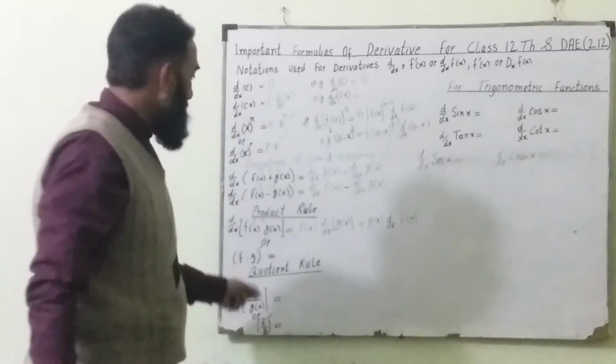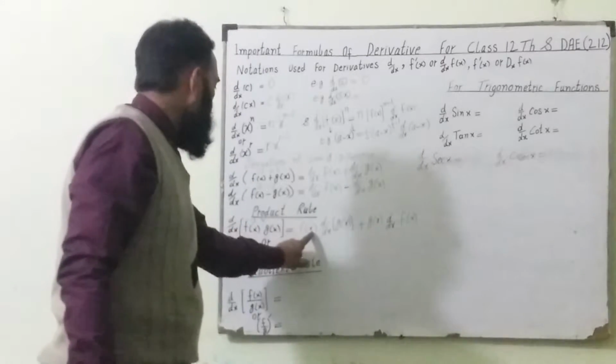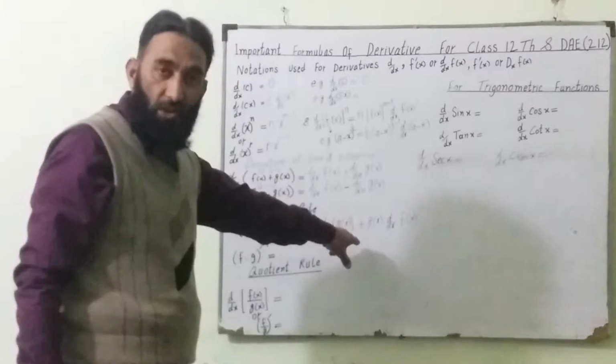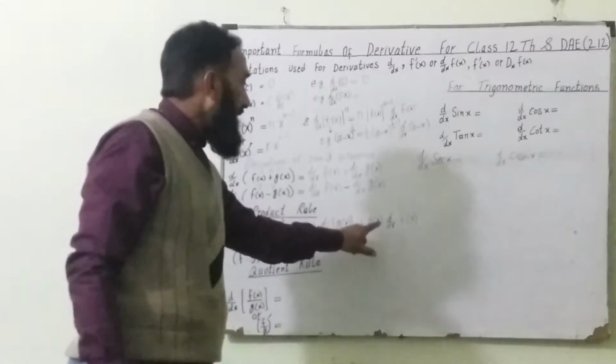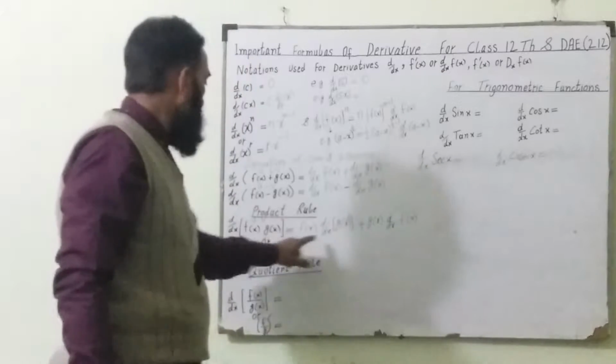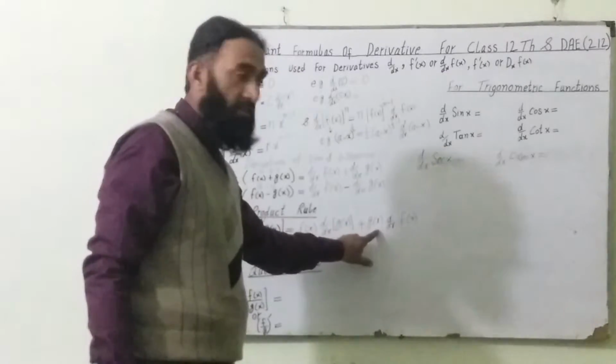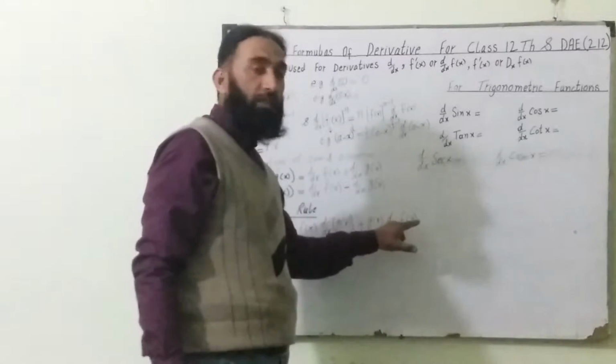We have got this first as it is, derivative of the second, plus, and g of x, it means second. Second is as it is, and the derivative of the first.